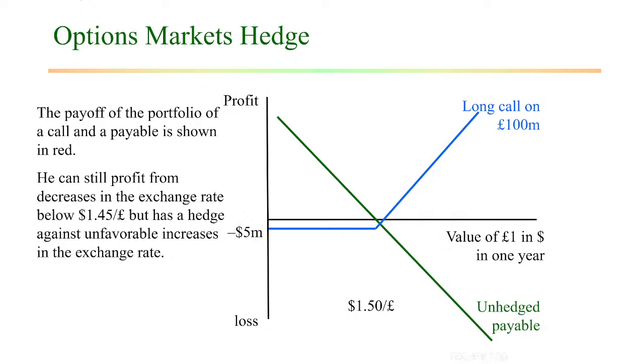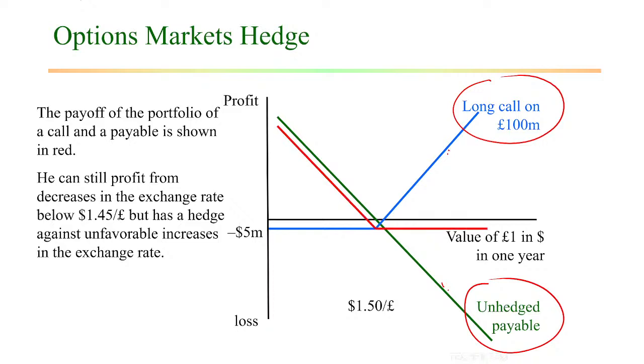So I've already overlapped these two. The green one is unhedged, the blue one is hedged. And if you overlap these two positions together, that's our hedged position, the red curve. You see, the most we'll lose is the option premium, no matter how far the exchange rate goes up.